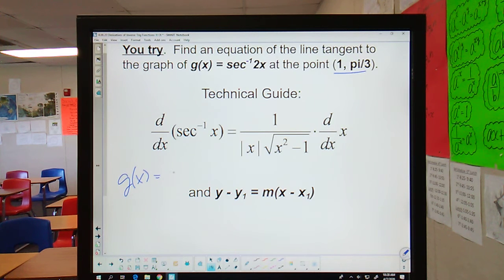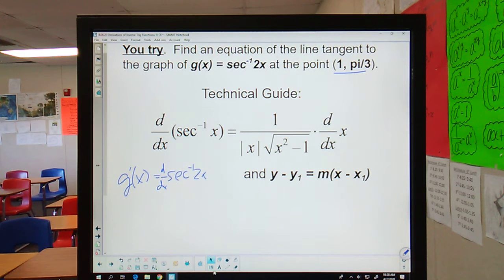So the slope at the inverse secant of 2x, find the derivative of the inverse secant of 2x. That's the first thing we do. Because again, the derivative is a formula for calculating slope. So let me move this out of the way, and we'll start working on this derivative here. Okay. And here we go. All right.